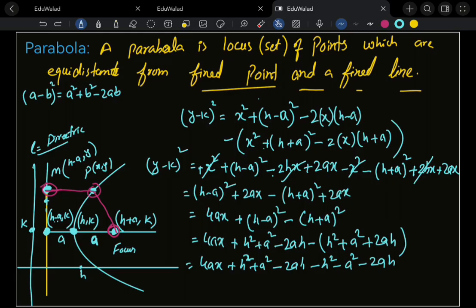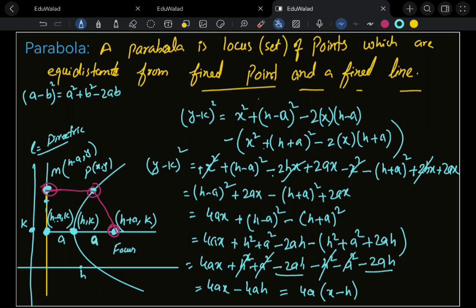This h square will cancel out, a square will cancel out, so this becomes 4ax minus 2ah minus 2ah, which is negative 4ah. So 4a will be common in these two terms, so x minus h.